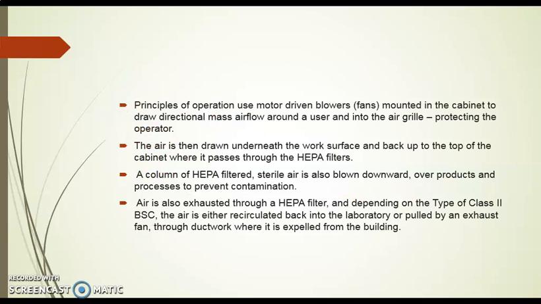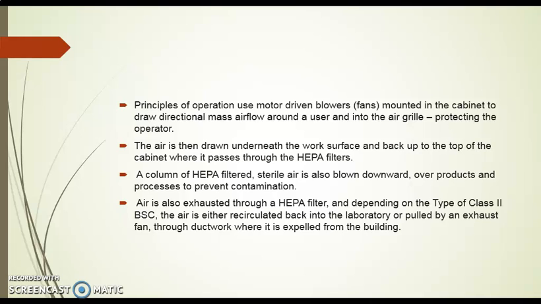Next is the principle of operation. It uses motor driven blowers or fans mounted on the cabinet, which help to draw directional mass airflow around the user and into the grill, protecting the operator. The air is then drawn underneath the work surface and back to the top of the cabinet, where it passes through the HEPA filter.